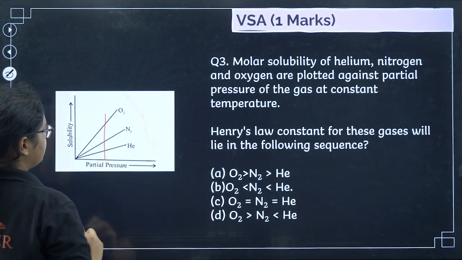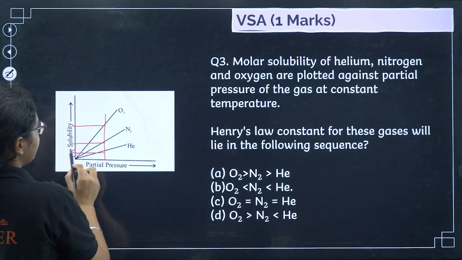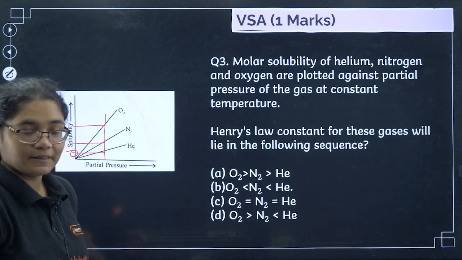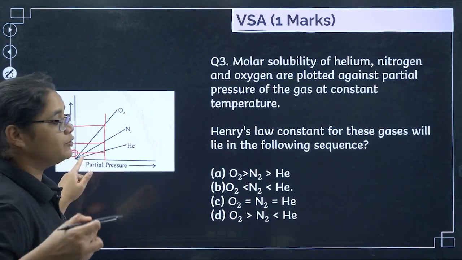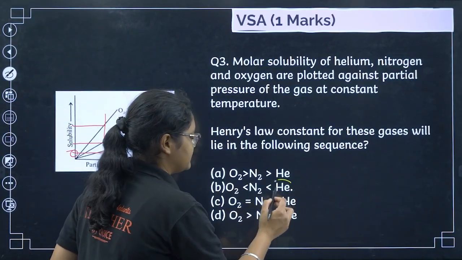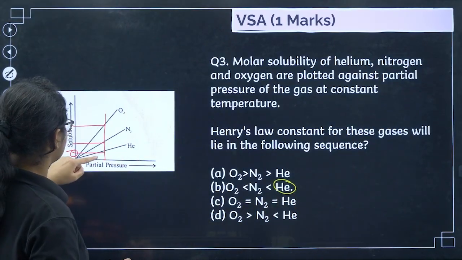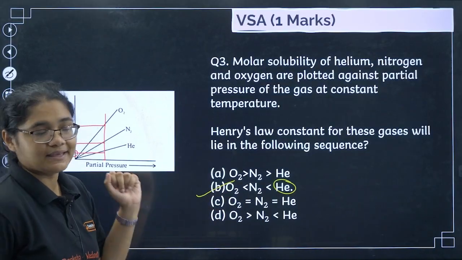At this particular pressure you can see the solubility of different gases. Helium solubility is minimum, so its Henry's constant value will be maximum. So here you can see helium is having the maximum value. After that it will be N2, and lastly O2. So option number B here.